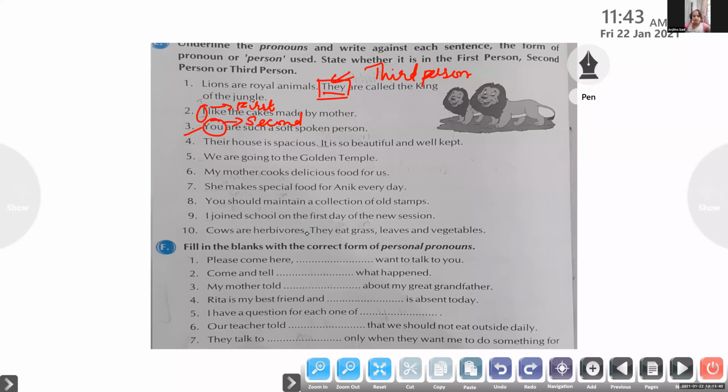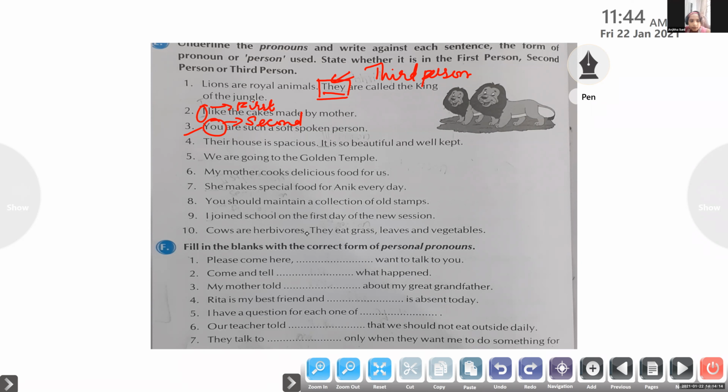Read the fourth question. Their house is spacious. It is so beautiful and well kept. So, pick out the pronoun from the sentence.